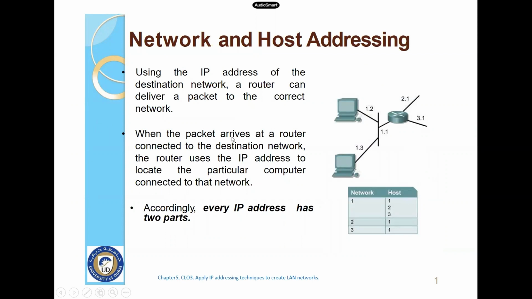All right, so network and host addressing. Using the IP address of the destination network, a router can deliver a packet to the correct network. And that's the importance of distinguishing between the network and host portions. Think about the network portion as the house or the big building, and inside that building there are certain rooms or apartments.